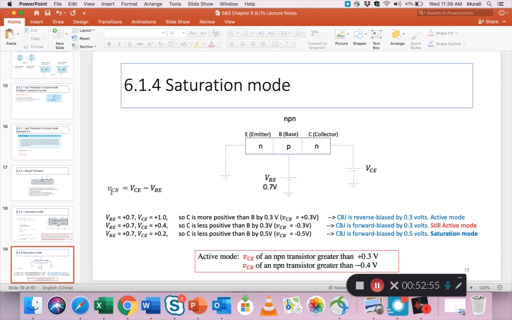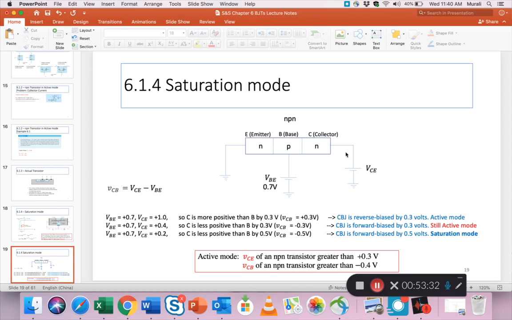And remember this relationship. This junction voltage, VCB, collector to base, is actually VCE minus VBE. When VBE is 0.7 and VC is plus 1 volt, this collector is more positive than B, because B is at 0.7 and this is at 1.